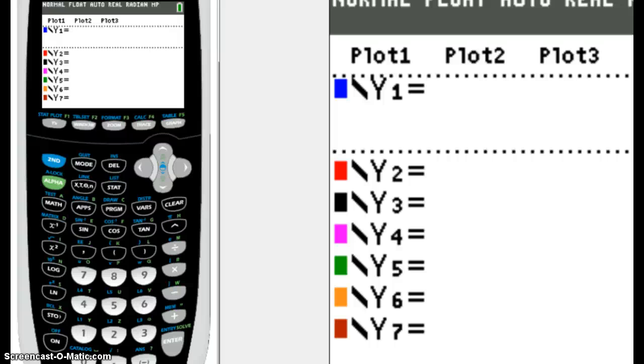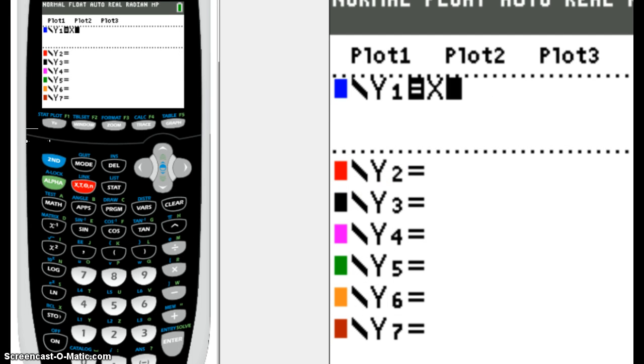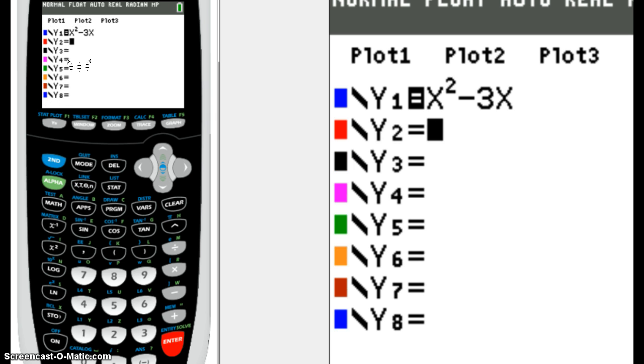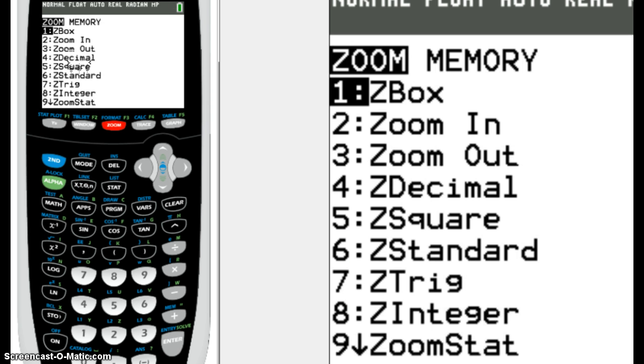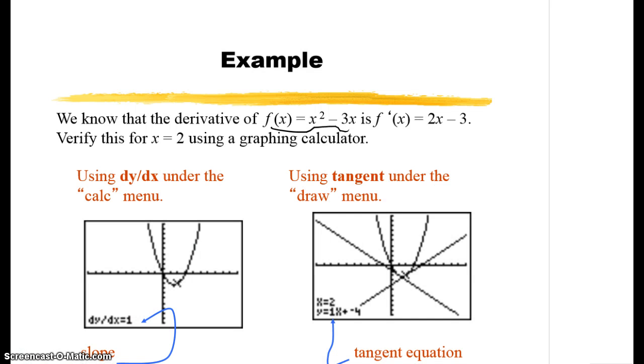Okay, so I go to my calculator's y equals editor, and I type in my function, x squared minus 3x. I hit enter, zoom, and I'm going to use the standard window here, option 6, zoom standard. And here is my graph. And then what I'm going to do afterwards, as pointed out on this slide, I'm going to use dy dx under the calc menu.